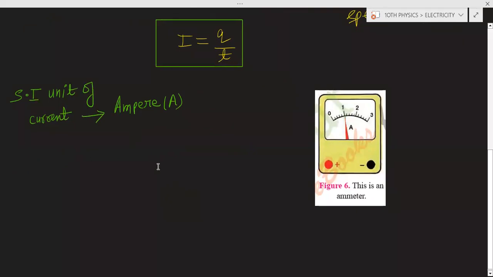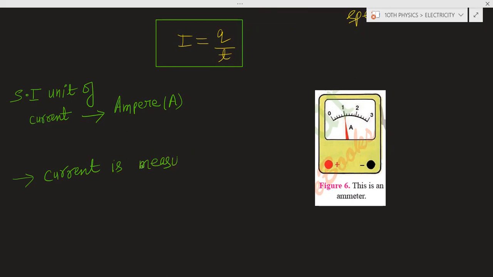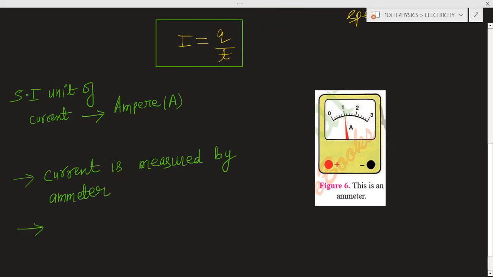Okay, so you can write how we measure the current. Current is measured by the ammeter. And one more thing, remember, the ammeter is always connected in series.